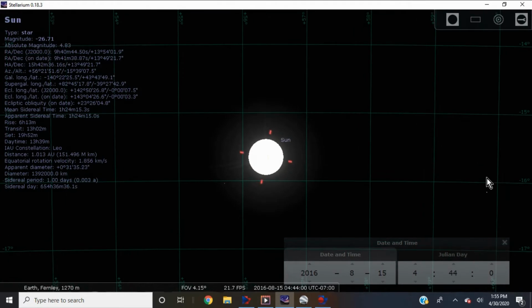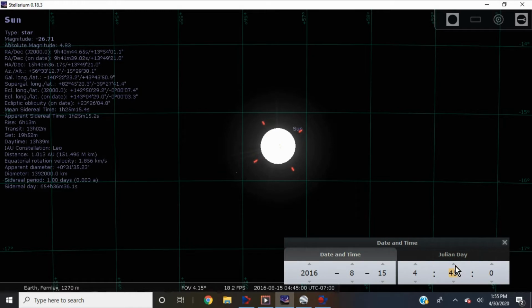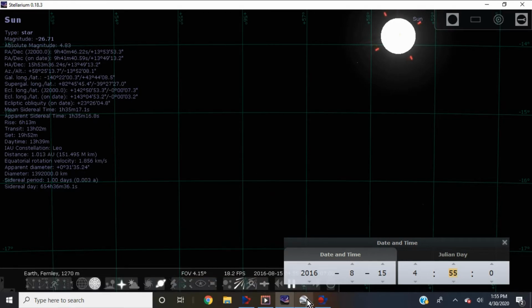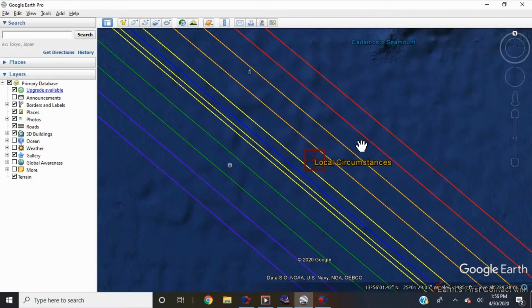So there's the sun, and in a minute's time it's going to have a horizontal and a vertical component to it because it's going up at a diagonal. See what I mean? That horizontal component is what's causing the distance between these lines.